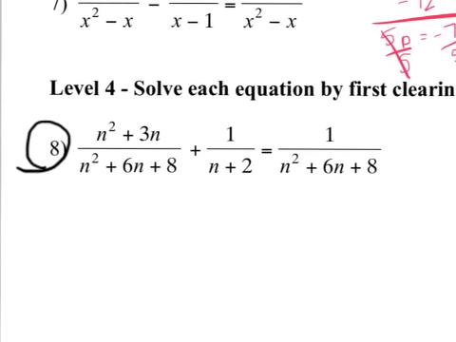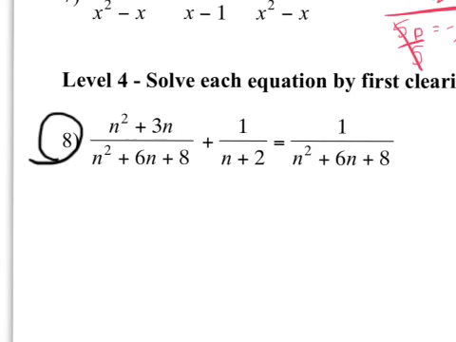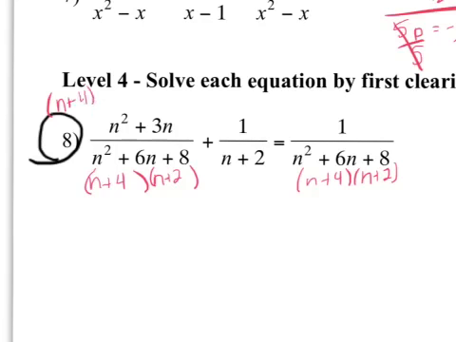When you move on to the last one, it's important that you put the denominators into factored form. This one would be two numbers that multiply to give us 8, but add to give us 6. That would be 4 and 2. And this one would be the same. So that's going to be our common denominator. When I multiply this one by our common denominator, it cancels.